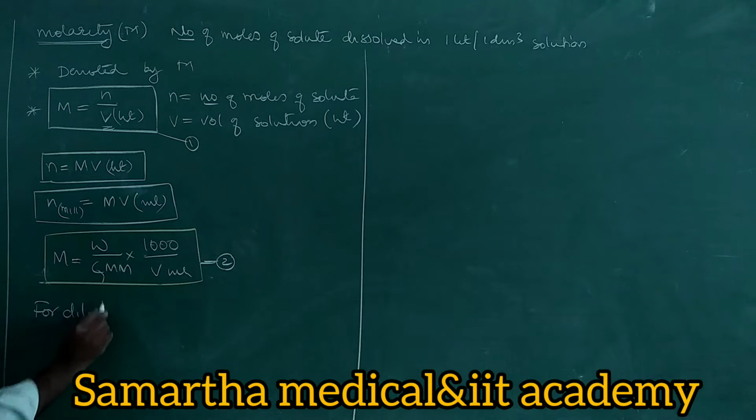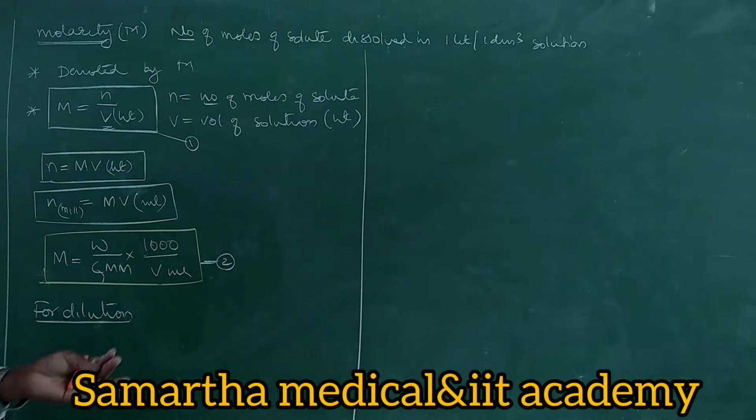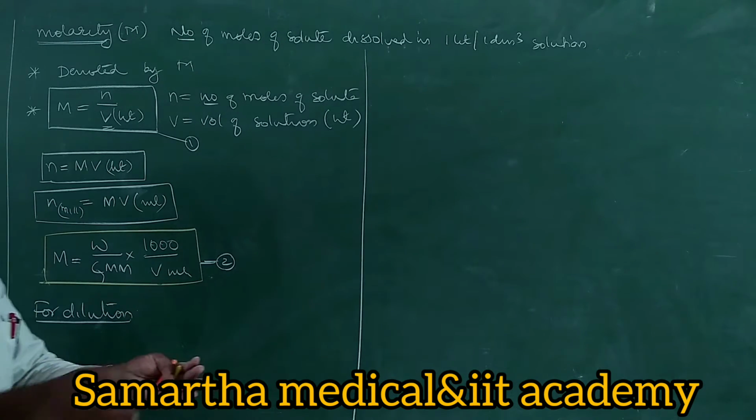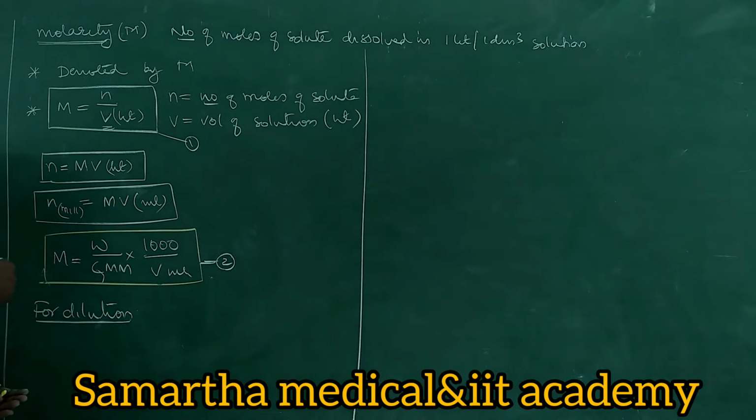Let us take dilution. What is the meaning of dilution? It is nothing but the amount of water being added. So take a concentrated solution, add water, right? Therefore, when water is added, it is diluted, so that process is called dilution.